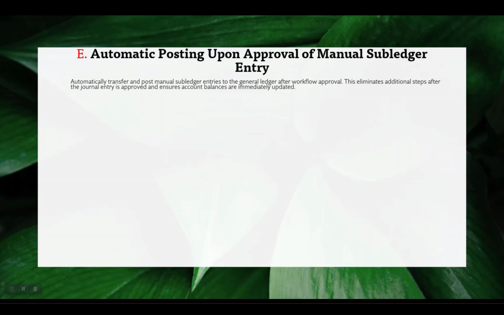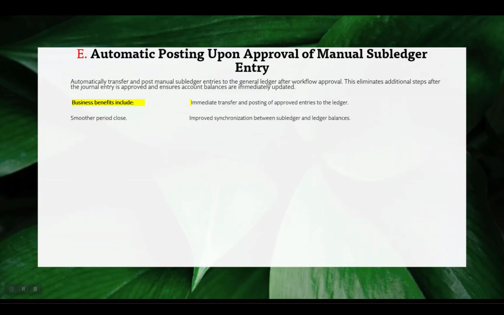Business benefits: immediate transfer and posting of approved entries to the ledger. No need to wait after approval. Previously, after approval you had to go and check, and after you checked that everything is okay, you again transferred and posted to the GL.